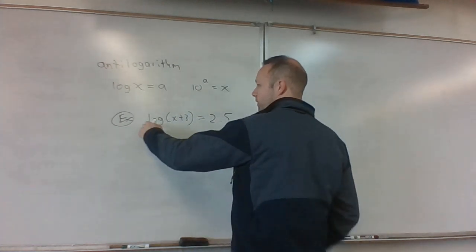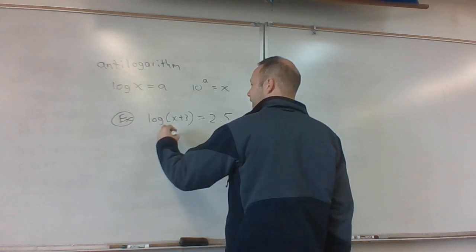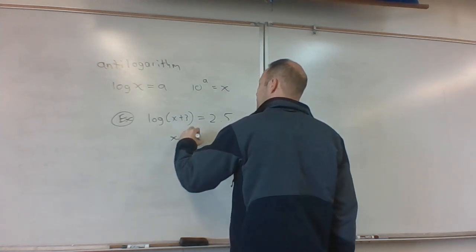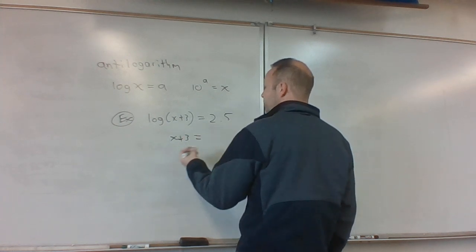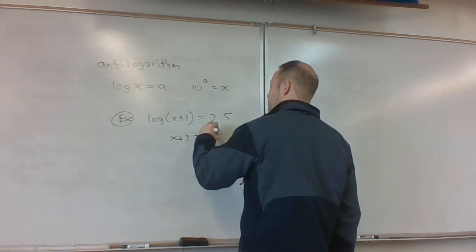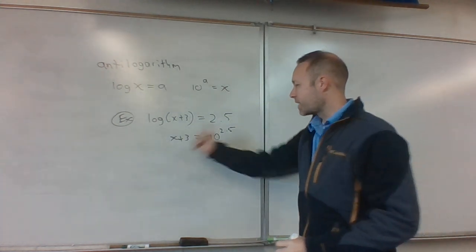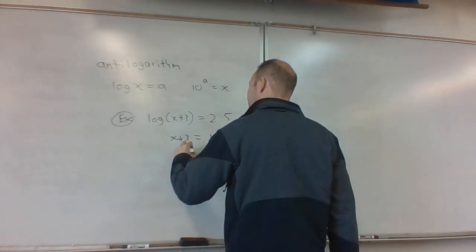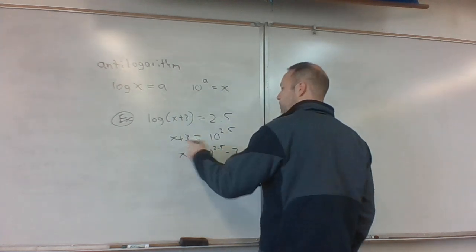So take the antilog of, on the left-hand side, antilog of the log. Those annihilate each other, and we're left with x plus 3 equals the antilog of 2.5. Well, antilog again is 10 to the power of, so it's 10 to the 2.5 power. We want to solve for x, so subtract 3 from both sides, so we get x equals 10 to the 2.5 minus 3.